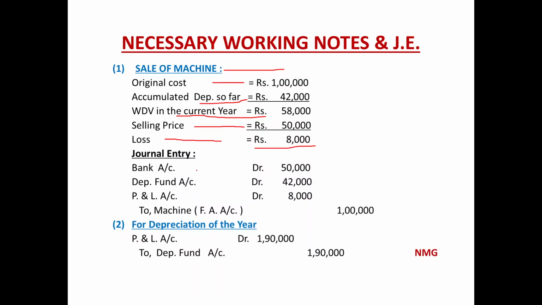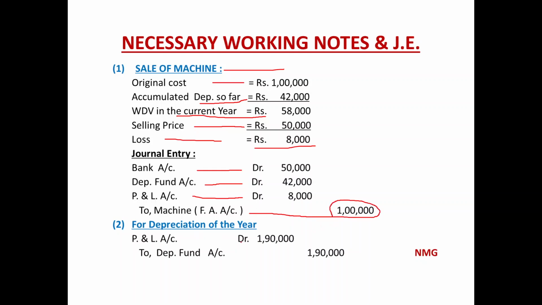Journal entry, bank debit 50,000. Depreciation fund account debited for transfer of depreciation on this machine which has been sold out in the current year 42,000. Profit and loss account debited loss 8,000 to machine, or you may say fixed assets account credited 1 lakh, its original cost.